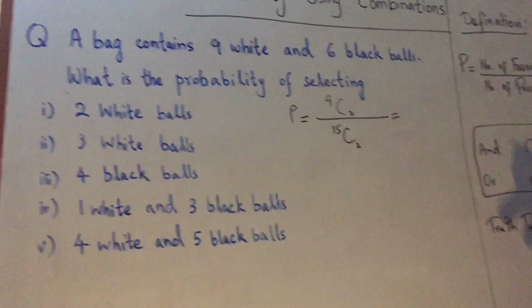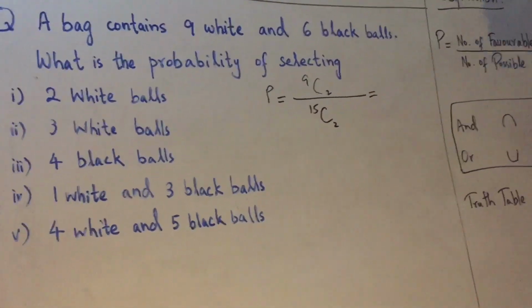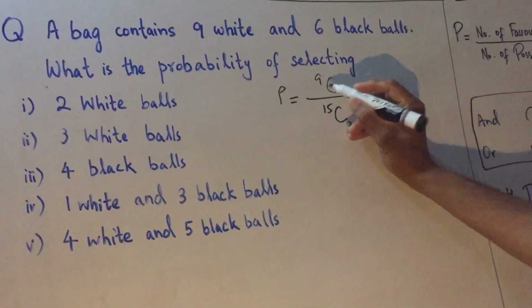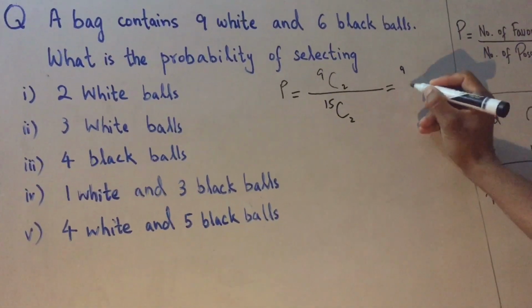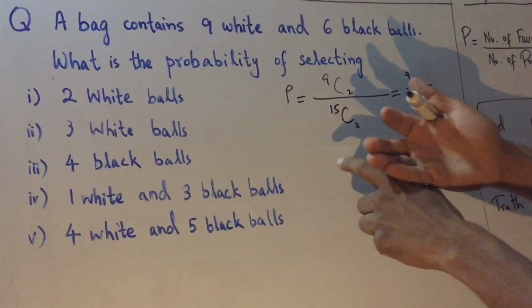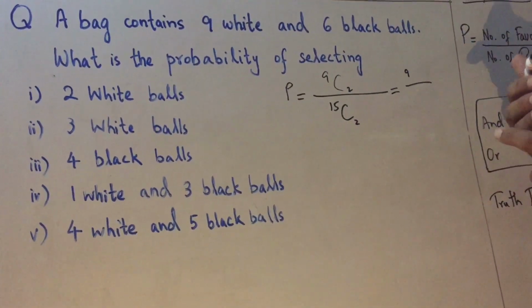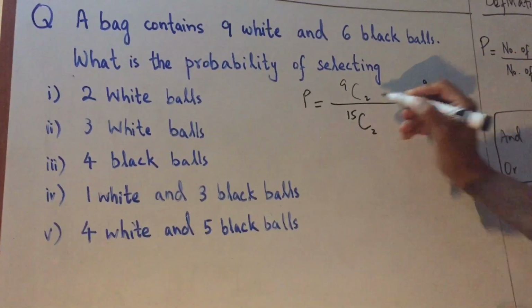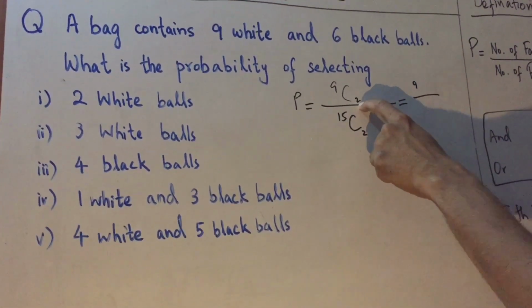9C2 means, and I'm going to tell you some tricks: 9, and we go towards 1, but here r is 2.